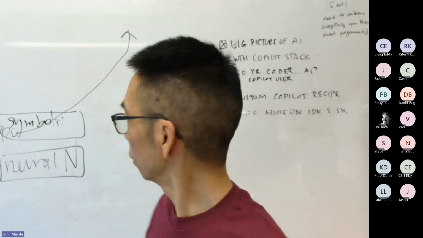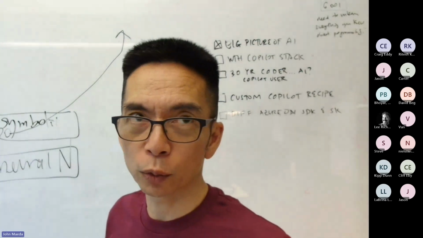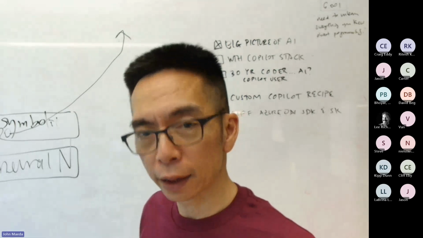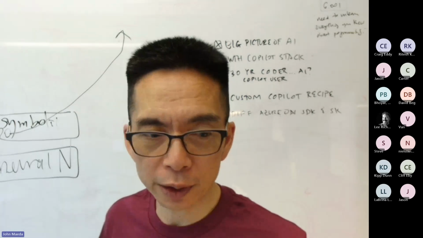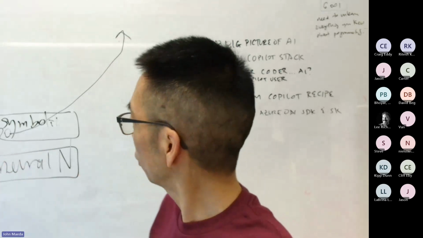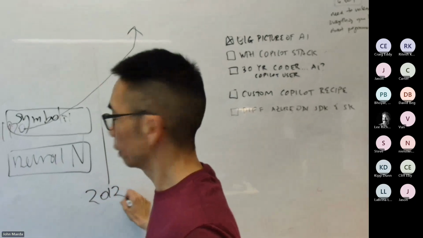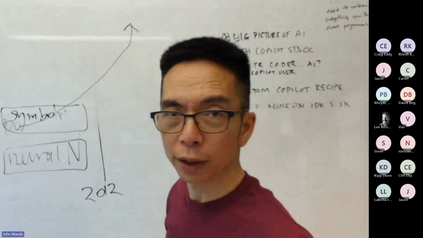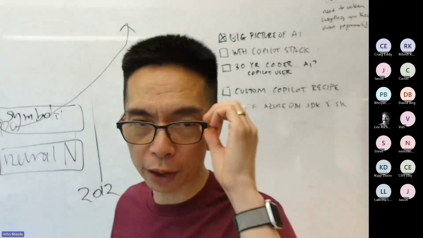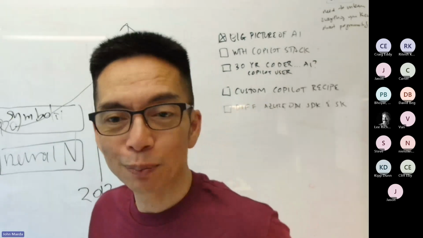Now, neural networks were not the winning formula in the 90s or in the 2000s, but it was still kind of hanging out there. And what's important to note is that 2012 was a landmark year where neural networks were being applied in this area that we all know as speech recognition.